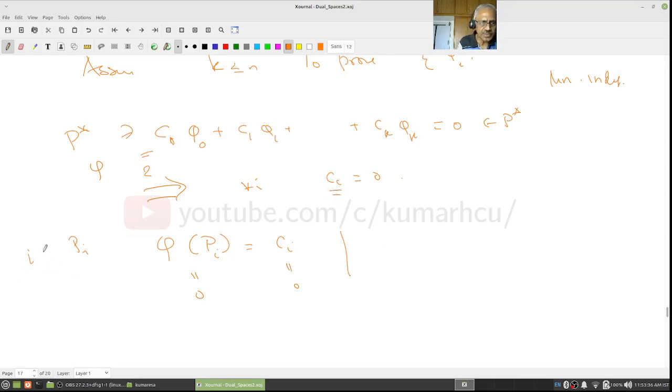Therefore, let us assume for each i there exists a polynomial pi so that phi at pi gives me ci. Then I will be through, because when I operate on pi I get ci. But phi of pi is identically 0, therefore ci is 0, and this is true for all i, therefore linear independence follows. Is the idea clear? Not the proof, the idea.